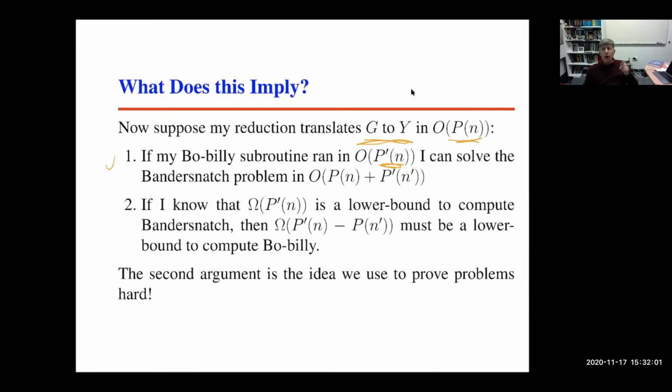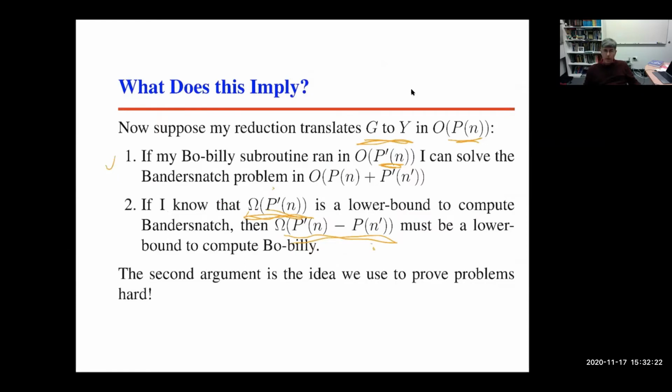But if you know that there is no way to compute Bandersnatch faster than p'(n), then there is no faster way to compute mobility than the lower bound minus the translation time.